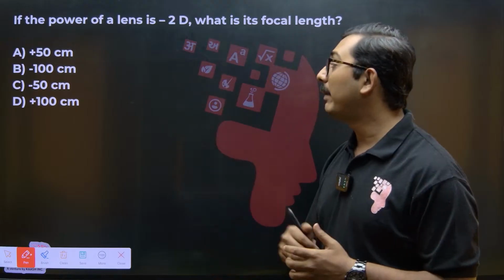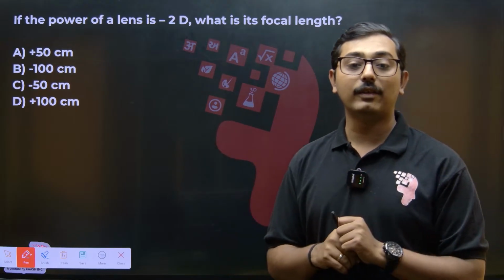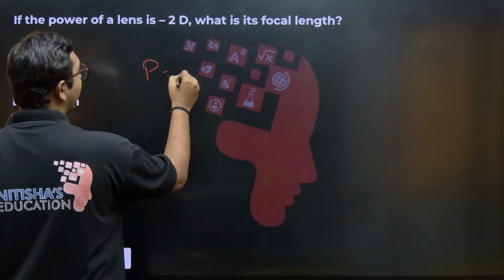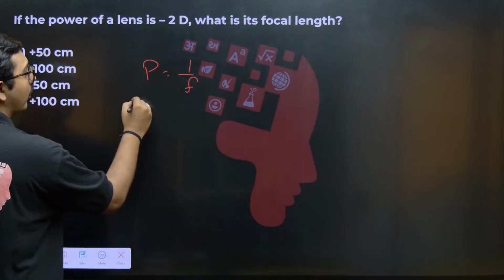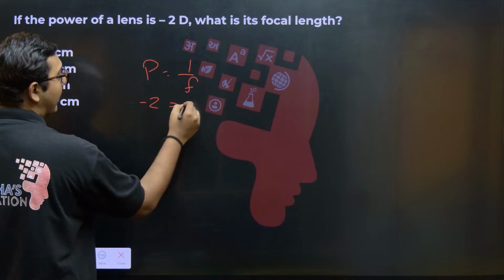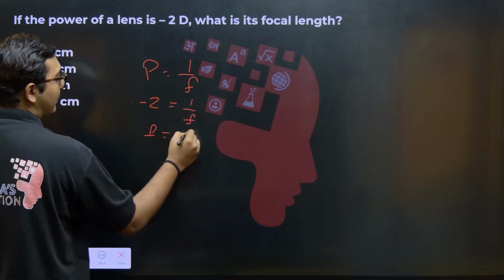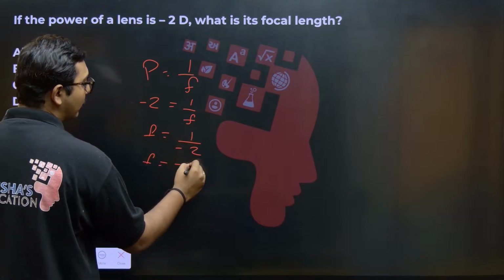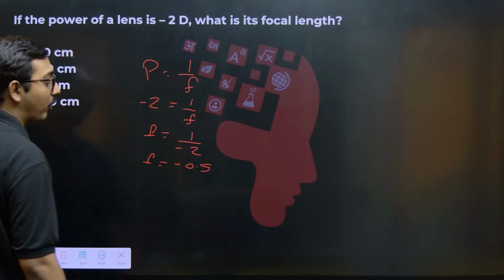So, what will be the focal length? Obviously, we will use the formula first. Power is equal to 1 over f. Power is already given to us as minus 2, so minus 2 equals 1 over f. So f will be equal to 1 upon minus 2, which is equal to minus 0.5. But what is minus 0.5?